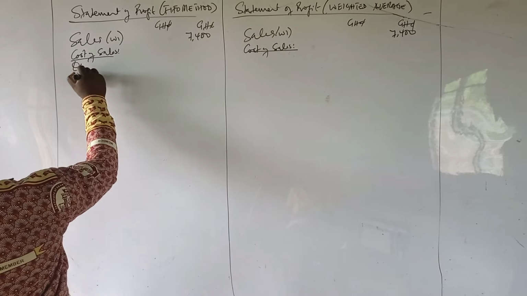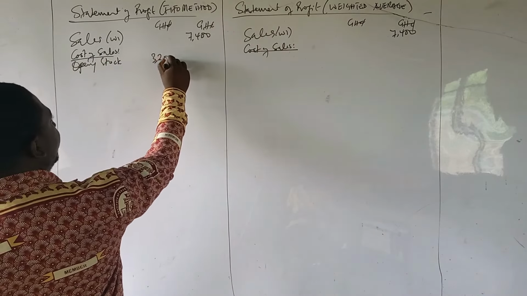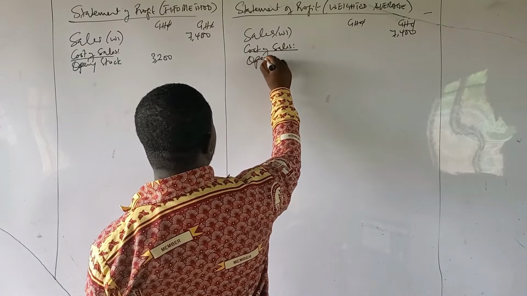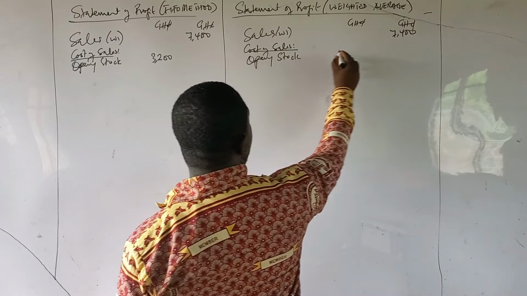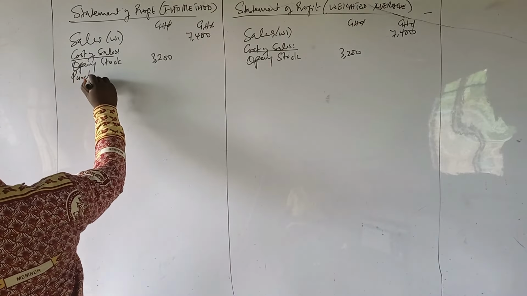Now, the opening stock was 3,200 for both. Opening stock, 3,200. Then we add the purchases.